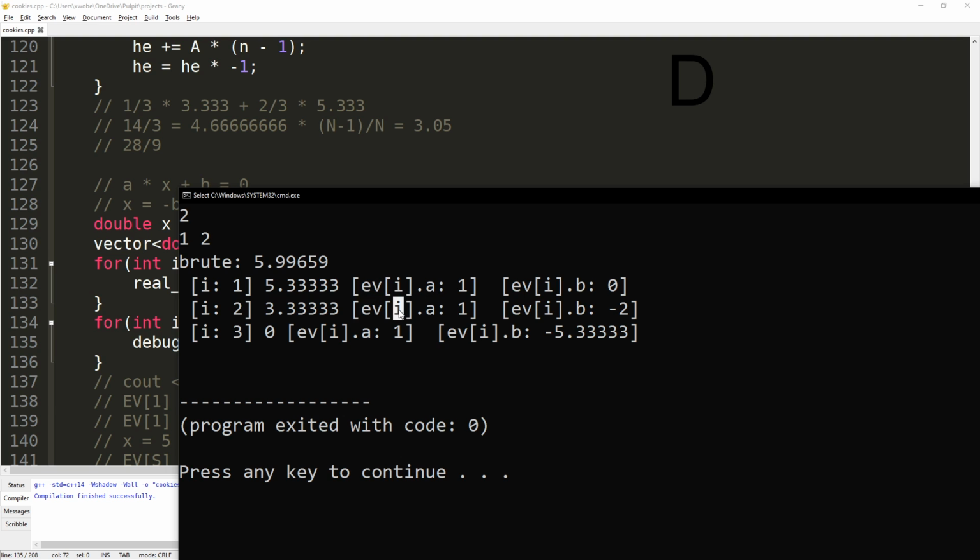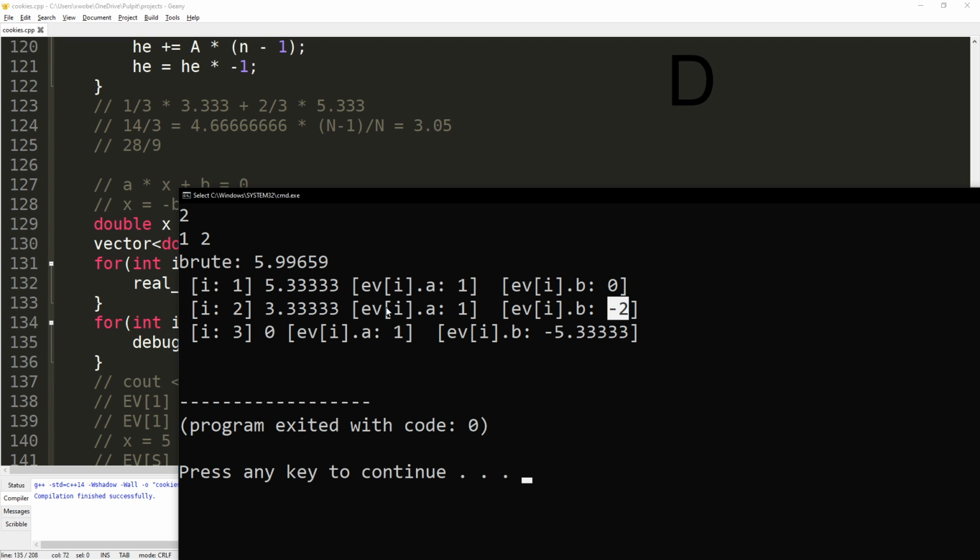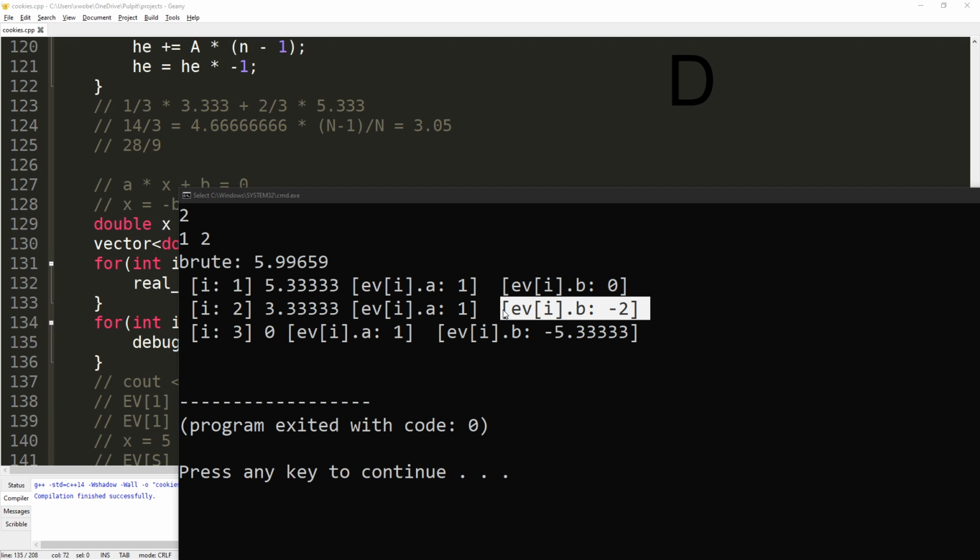It computed EV2 as 1 and minus 2, not minus 2.5. So something went wrong, unless my computations are wrong. My program computed EV2 as EV1 times 1 minus 2.0. That free term is incorrect.